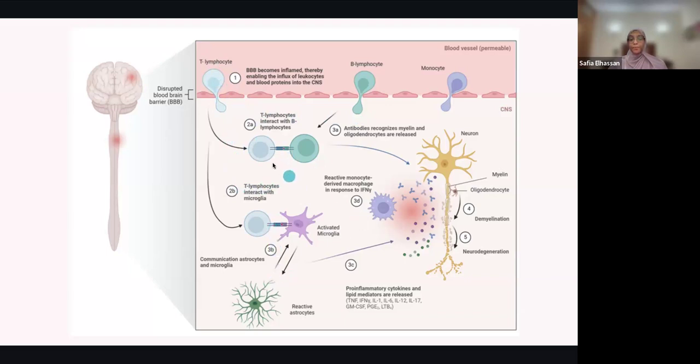So when they activate, the macrophages are going to phagocytose the myelin. When they activate the B lymphocytes, they are going to create autoantibodies against the myelin, which also helps with phagocytosis, and it's going to interact with the microglia. The microglia are going to release inflammatory cytokines, which further loosens the blood-brain barrier and allows more autoreactive T cells to come in.